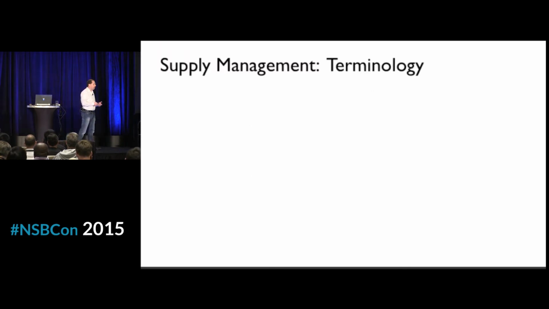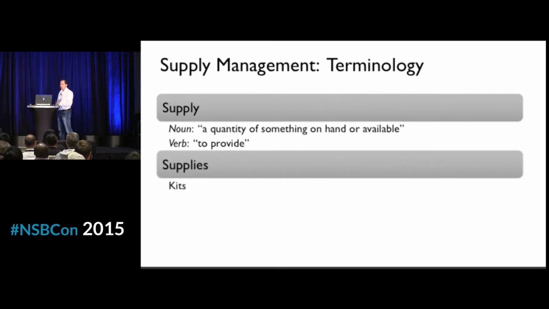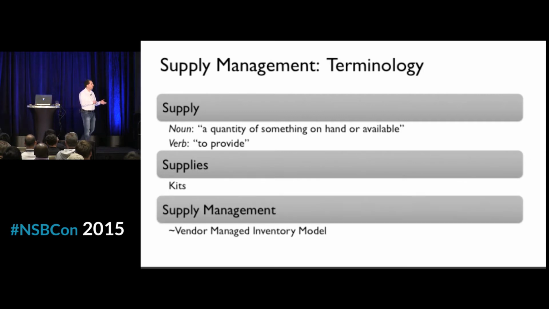When I say supply, I could be referring to the thing in inventory or the act of providing the thing in inventory. The supplies we're managing are the kits that we're giving out to the patients, and how we're managing that is similar to the vendor-managed inventory model where the supplier is managing the customer's supplies on their behalf.